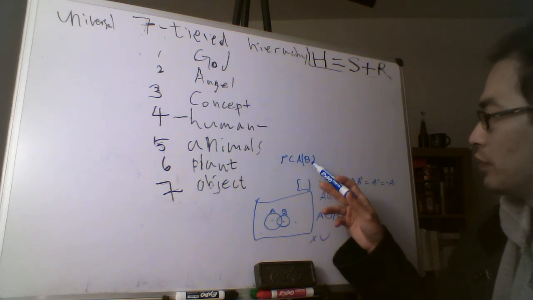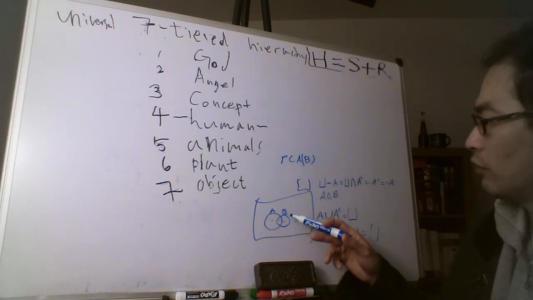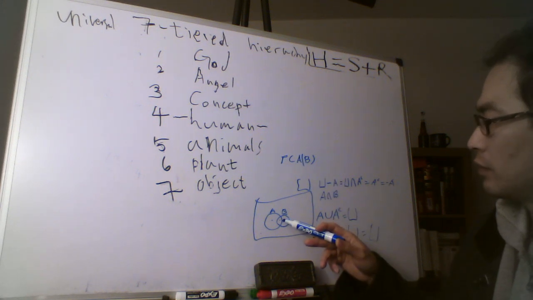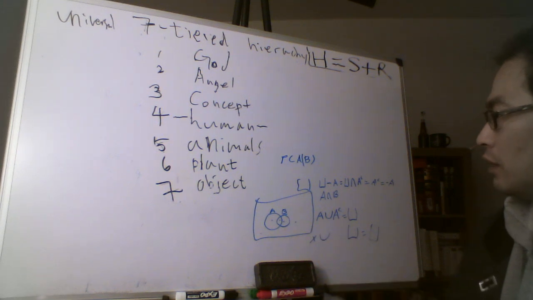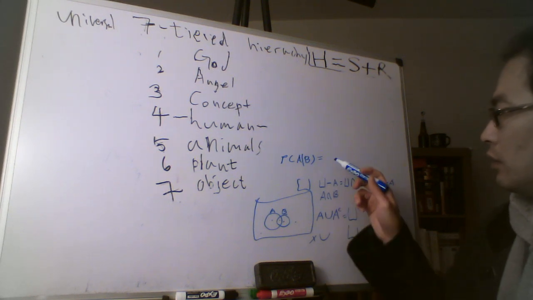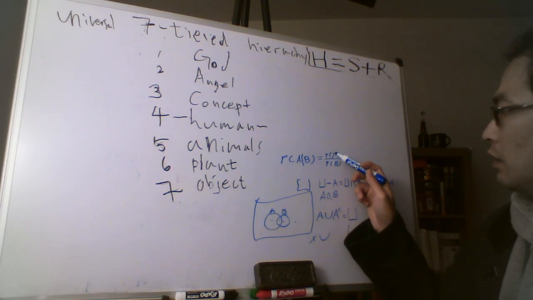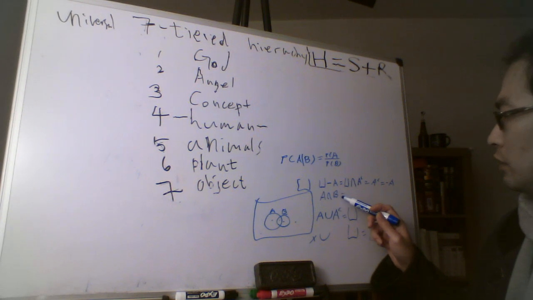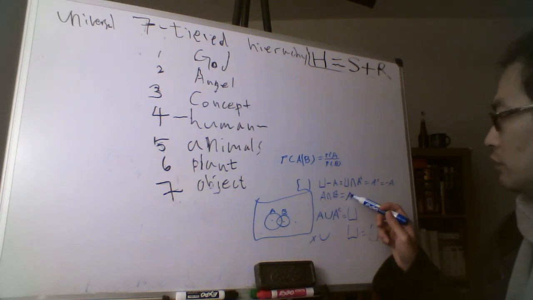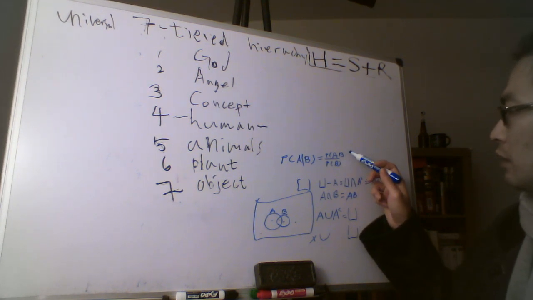Now you pretend that B is the universe. Given B, what's the probability that an element is also within A? It is equal to P of A intersection B over P of B. We just write A intersection B as AB.